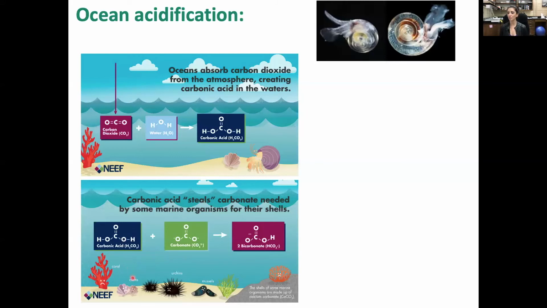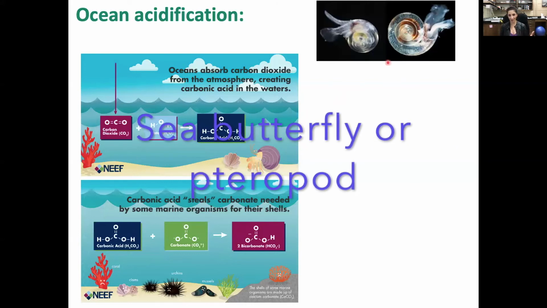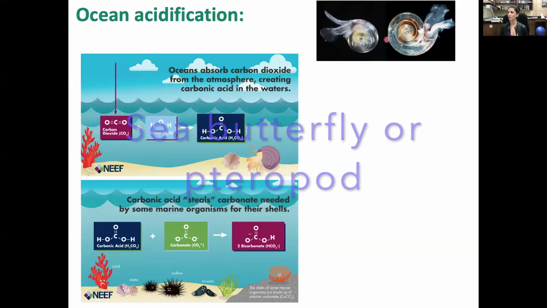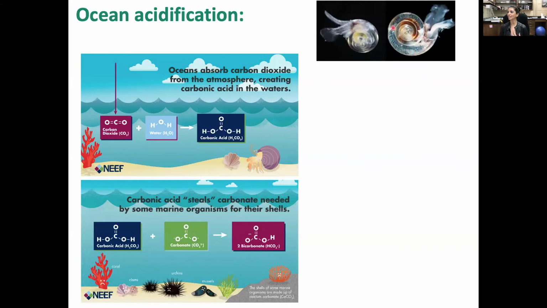We also aren't able to fully form the shells of clams and our other bivalves in the ocean. Other organisms like mussels and sea urchins are directly affected. Another organism called the pteropod, affectionately known as the sea butterfly, has very clear and beautiful calcium carbonate skeletons. Scientists have done SEM, or electron microscopy, experiments to look at the direct physical effects of carbonic acid on pteropod shells.